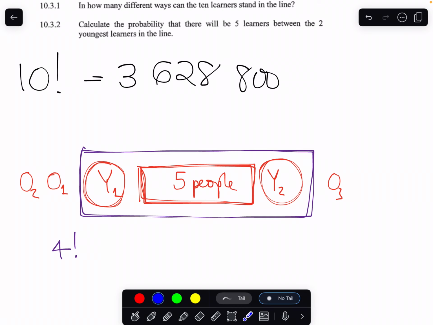So what I mean by that is, for every arrangement we have here, there are then 2 options. It's either young person number 1 is first and young person number 2 is last, or young person number 2 is first. So now there are 8 arrangements possible, right? Not 8. What is 4 factorial? 24. Is it? Yes, it's 24.